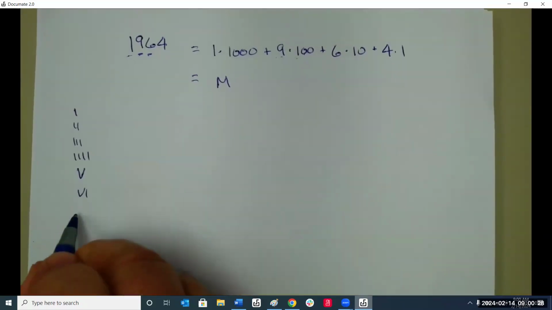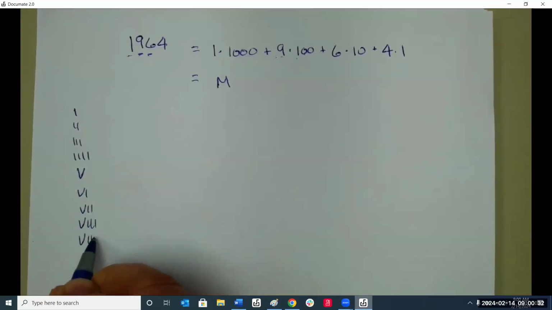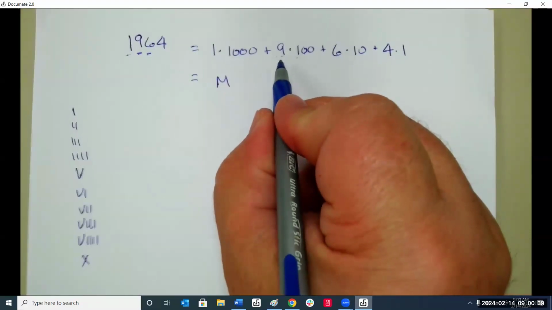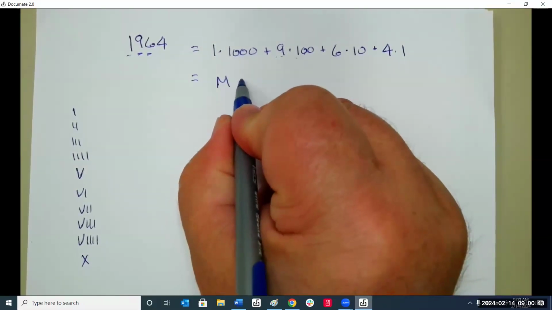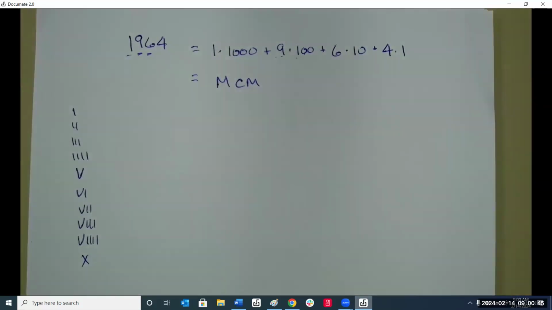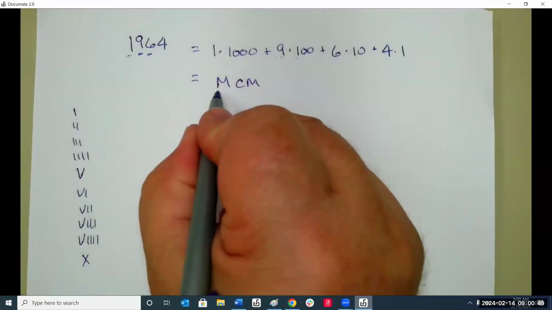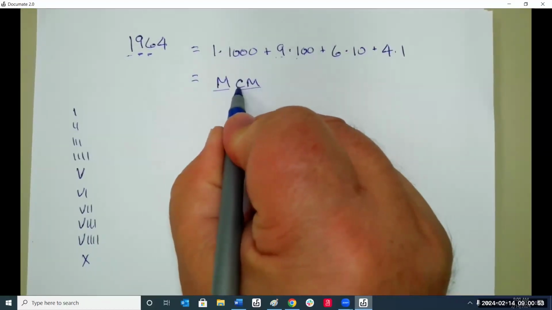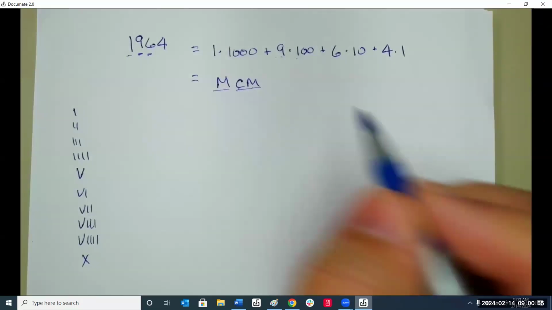Then 5 and 1, 5 and 2, and then X. This is 1,000. This is 100 before 1,000, which is 900.